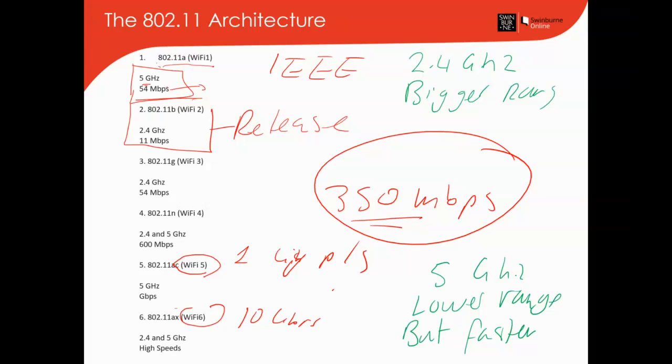The reason I'm talking about this being a security concern is that even though you might get a bigger range on 2.4 and a bit of a slower speed, do we want it to be extended further distances?